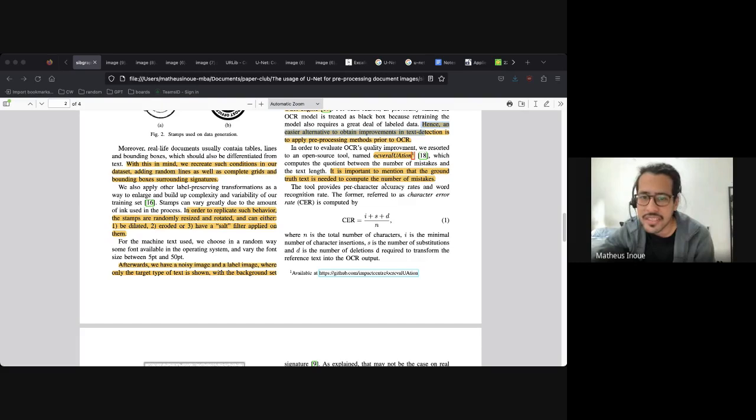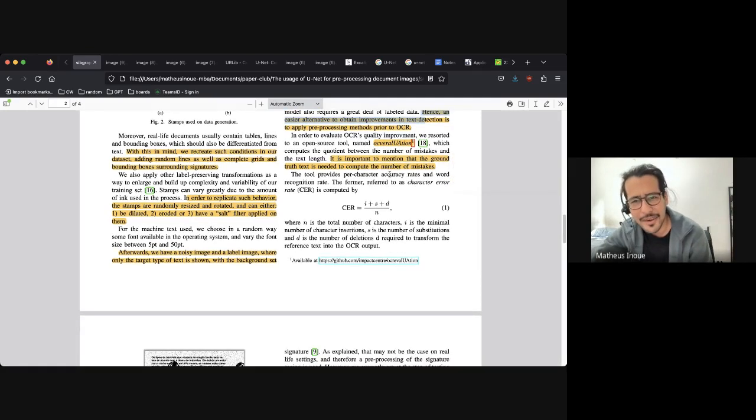Okay, so basically here they talk a bit about the repository where they say how to evaluate the results of the OCR. And I think it's kind of obvious, but I think it's also very important when you think about document analysis, that at least for this package, it's important to mention that the ground truth text is needed to compute the number of mistakes, which is kind of obvious, right? But I also think it's interesting, right? Because if you are applying OCR to documents that we don't know, how can we evaluate the quality of the OCR, right?